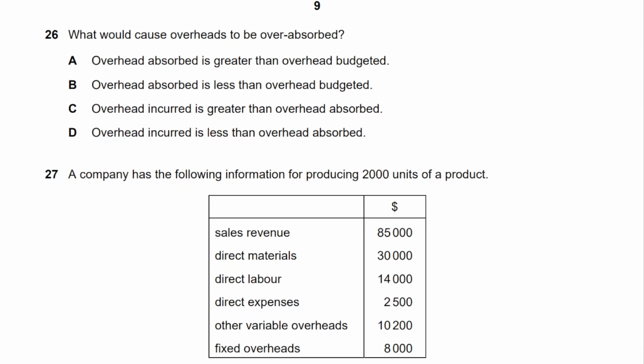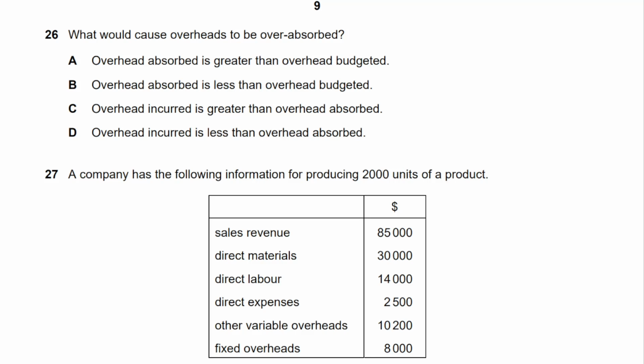26. What would cause overheads to be overabsorbed? Okay, overhead absorbed is greater than overhead budgeted. But is that a cause of it? No, actually, that doesn't make sense. At first sight that was a bit confusing, but that doesn't make sense. We have to compare overhead absorbed with the actual ones, okay?